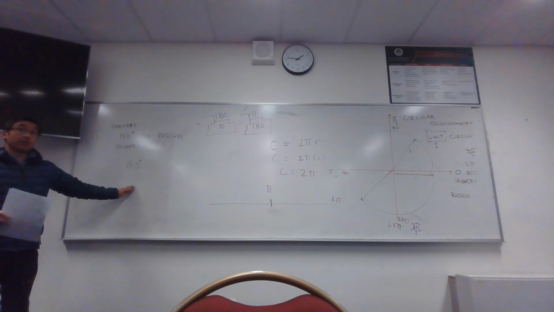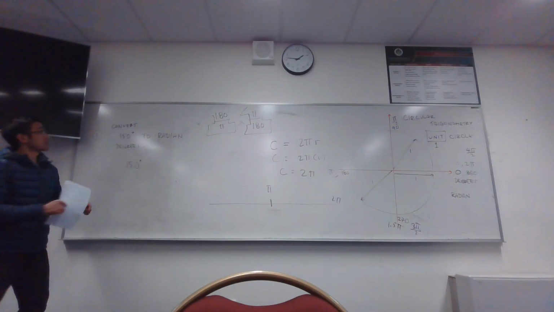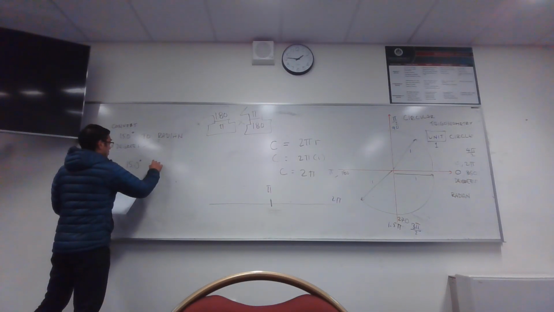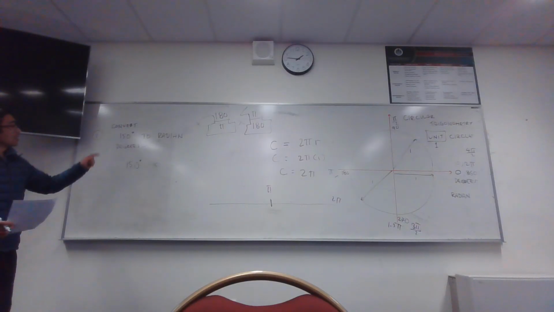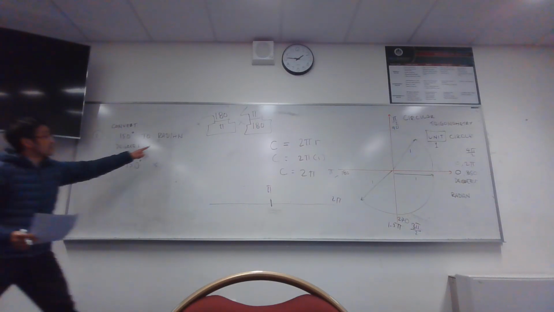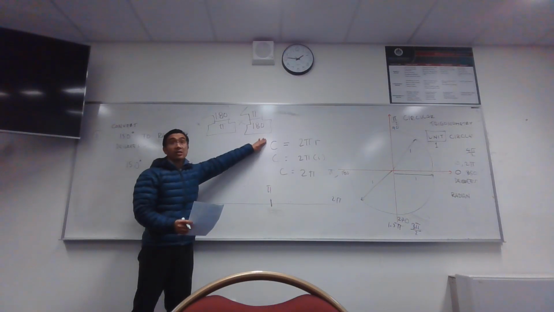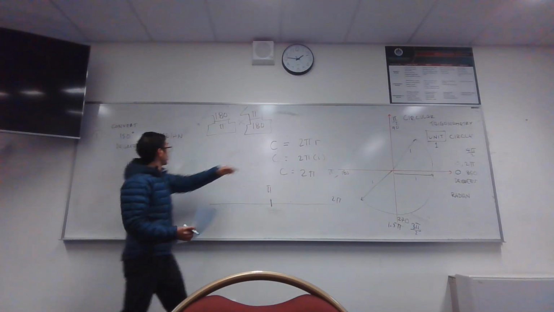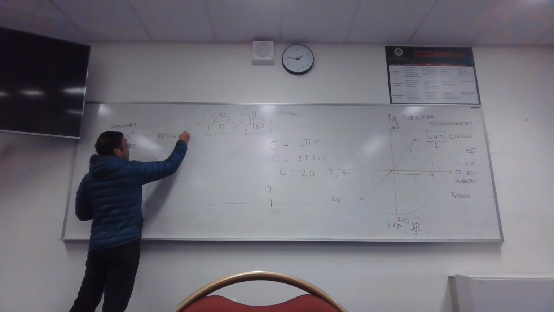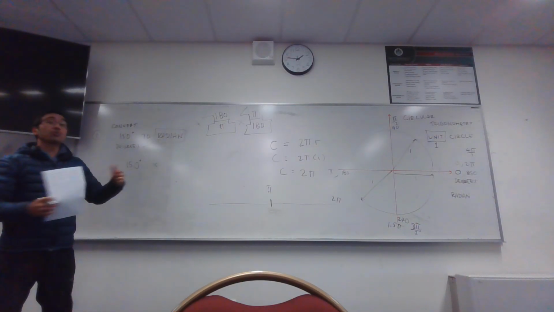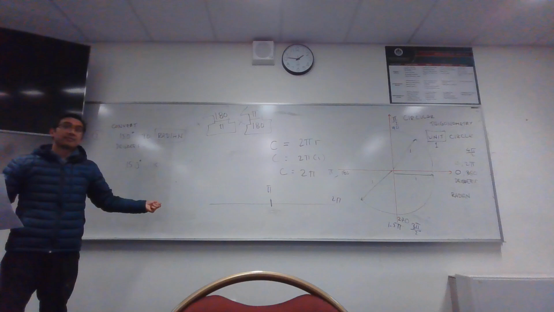We start off with our degrees. But I want to either choose this one here or this one here to change our value into radian. Which one are you going to choose?